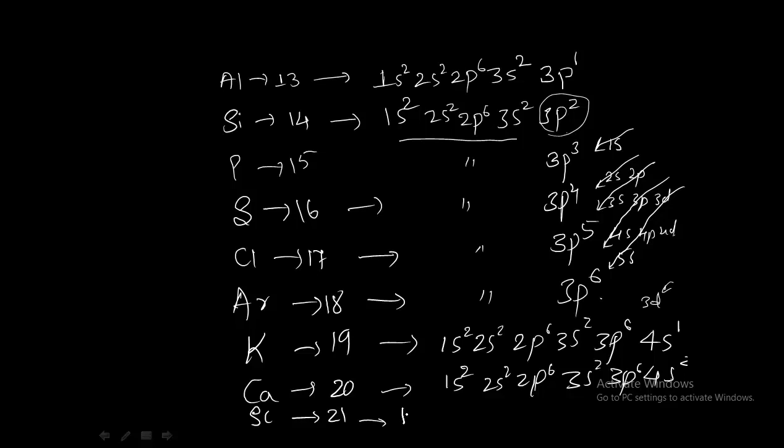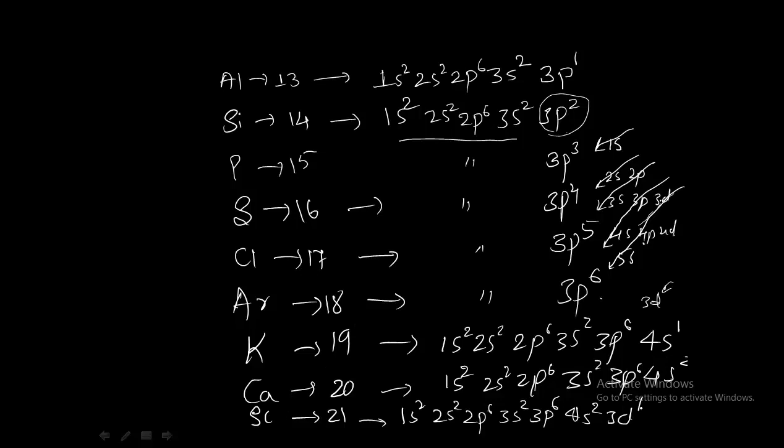There we will write 1s2, 2s2, 2p6, 3s2, 3p6, 4s2. Now the electron will fill up in 3d, because after 4s, which one comes first? 3d, then 4p, then 5s. Here we will write 3d1. Next, vanadium, okay, titanium.